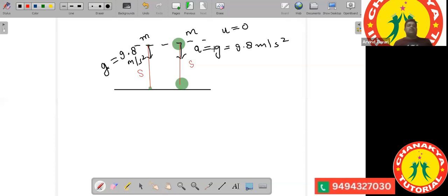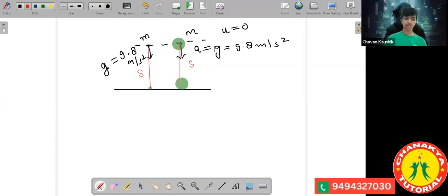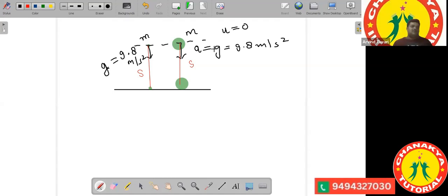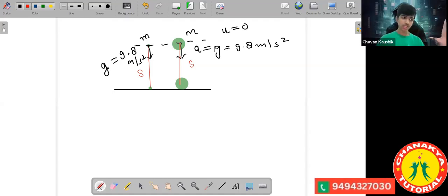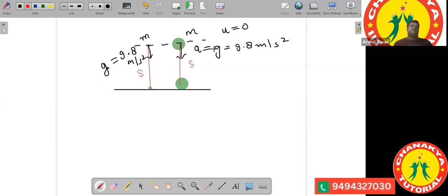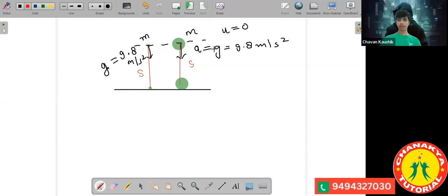This is what we observe. He dropped the object and the spring at the same time, but the spring came down later.